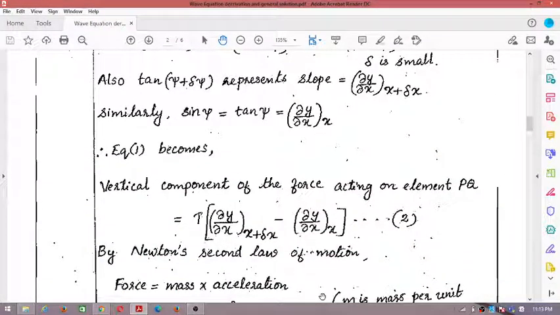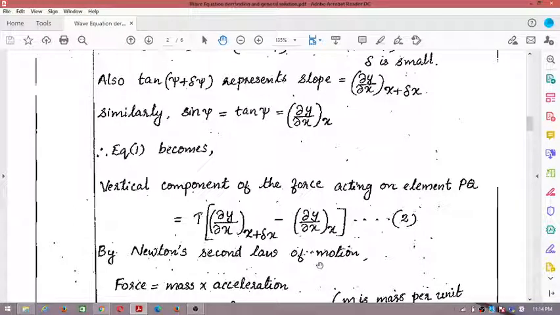Now equation 1 changes to: the vertical component of the force acting on element PQ is given by capital T times [∂y/∂x at x plus delta x minus ∂y/∂x at x], where tan(psi plus delta psi) is replaced by ∂y/∂x at x plus delta x, and tan psi is replaced by ∂y/∂x at x.